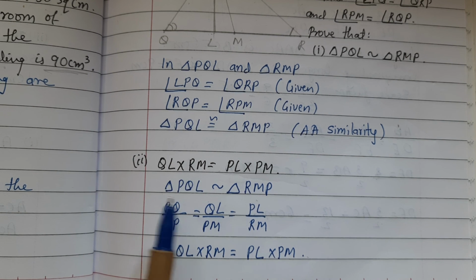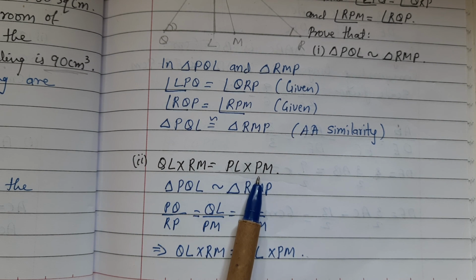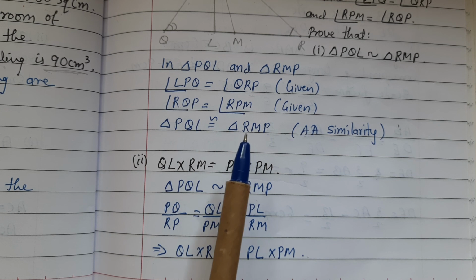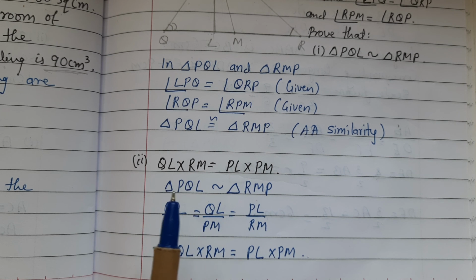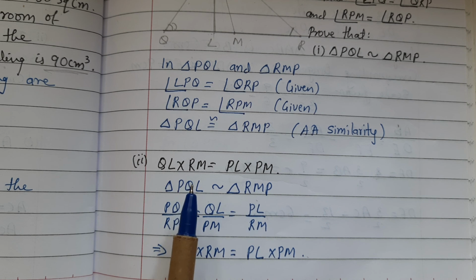Second part, to prove QL into RM is equal to PL into PM. Since triangles are similar, sides are proportional. Triangle PQL is similar to triangle RMP. Therefore, PQ upon RP is equal to QL upon PM is equal to PL upon RM.